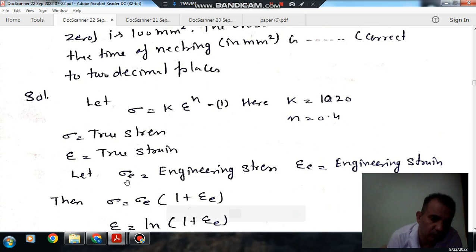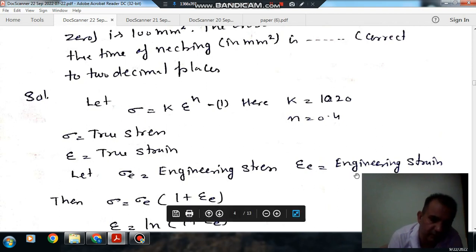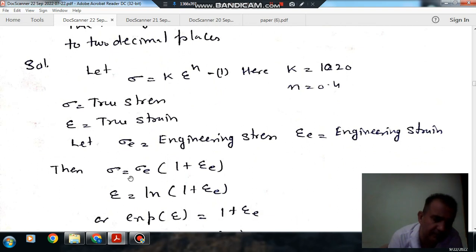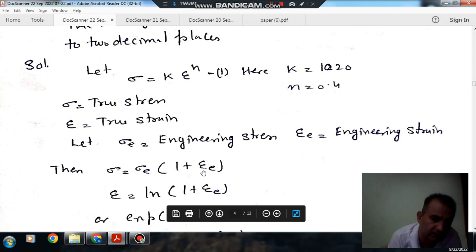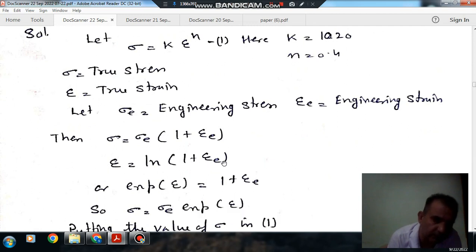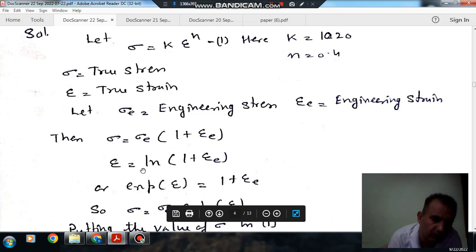Suppose sigma e is the engineering stress and epsilon e is the engineering strain. The relationship between true stress and engineering stress is sigma equals sigma e times (1 plus epsilon e), and true strain is epsilon equals ln(1 plus epsilon e). Taking the antilog on both sides, e raised to epsilon equals 1 plus epsilon e.